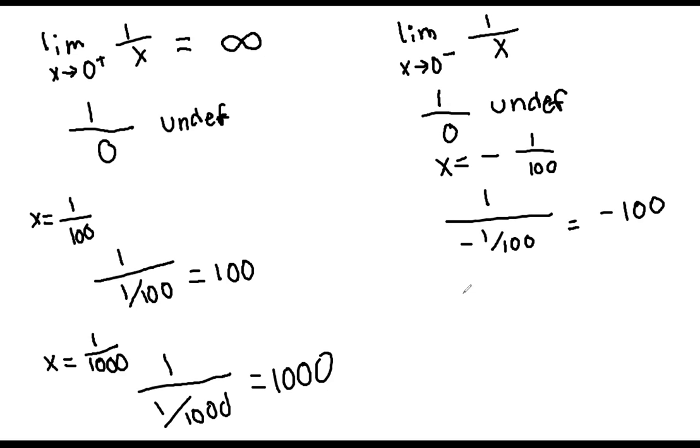I'll show you with x equal to negative 1 over 1,000. If we plug that in, 1 over negative 1 over 1,000 is equal to negative 1,000. So this time it is decreasing without bound, whereas before it was increasing without bound.